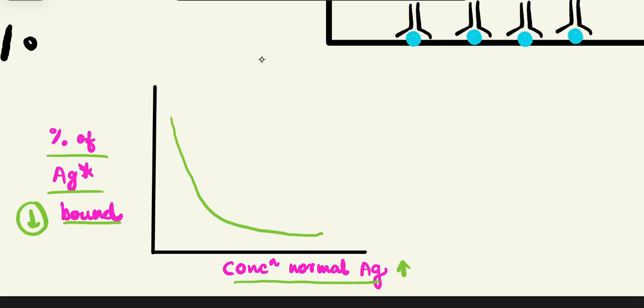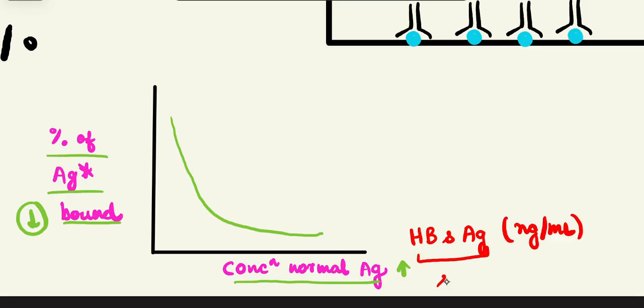Now in the book also, they have given a particular example. What they have done is they have tried to detect the presence of hepatitis B surface antigen, and its concentration in nanogram per ml. They needed to detect whether this is present in the serum or not.